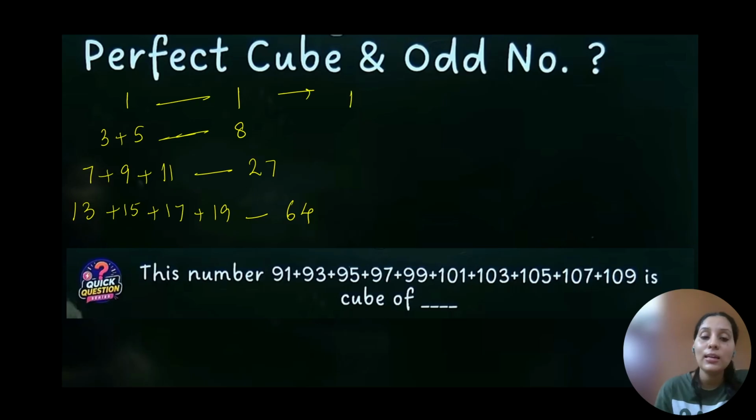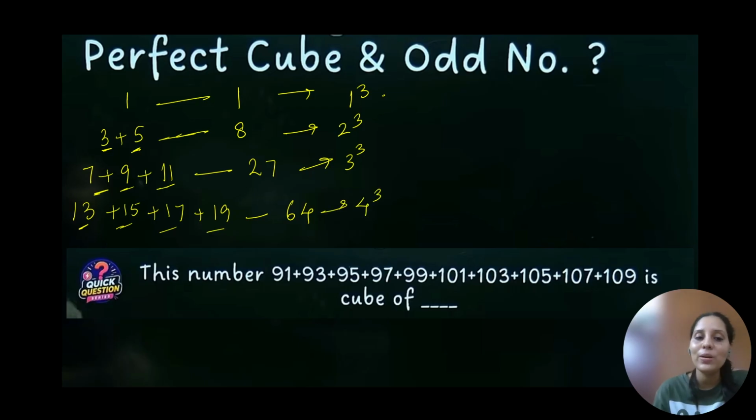So this is basically 1 cube. Now 2 odd numbers, 2 cube gives you 8. 3 odd numbers, 3 cube gives you 27. 4 odd numbers, 4 cube gives you 64. So basically when it is about cubes, you will just count how many odd numbers there are, and its particular cube is the sum.